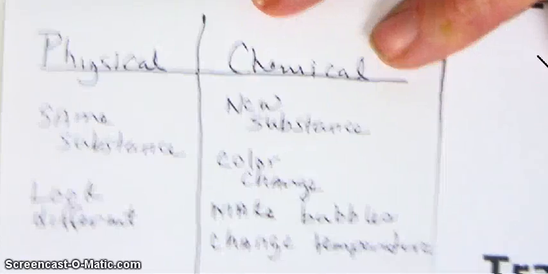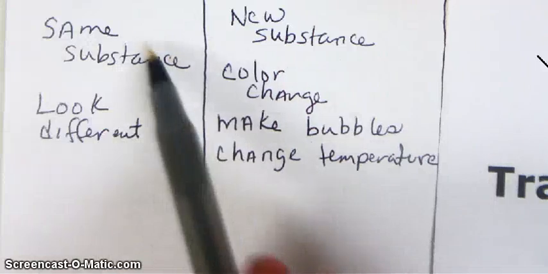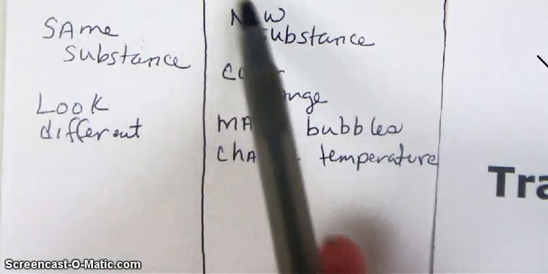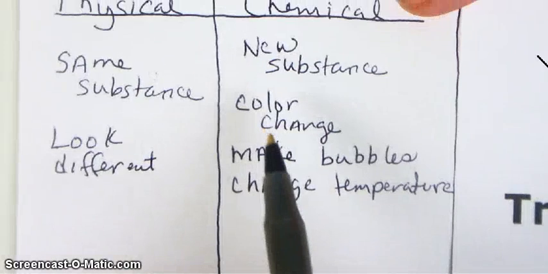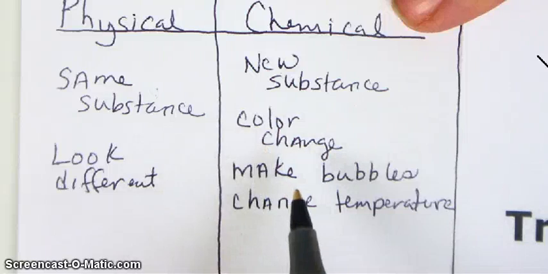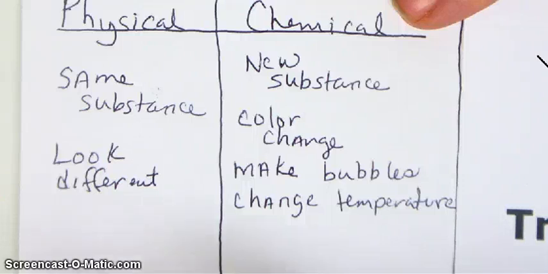Those are some examples of a chemical change. Physical makes the same substance and it will look different. Chemical makes a new substance. Make sure you can see the words chemical: you could have a color change, make bubbles, or change the temperature. Those are examples of how you can tell a physical from a chemical.